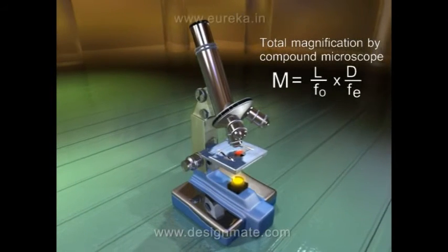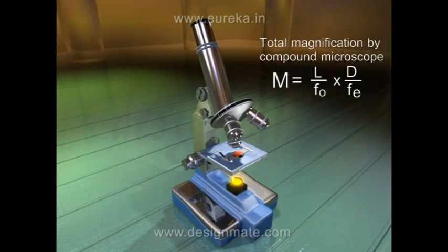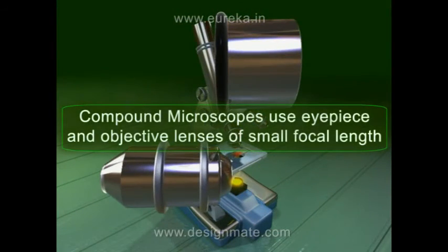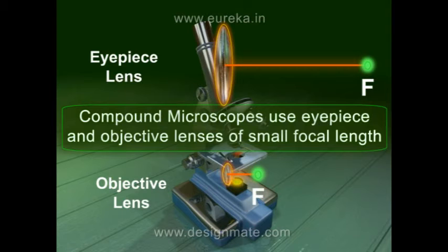Here we can see that the magnification is inversely proportional to the focal length of both the lenses. Hence, we can understand why compound microscopes use eyepiece and objective lenses of small focal length.